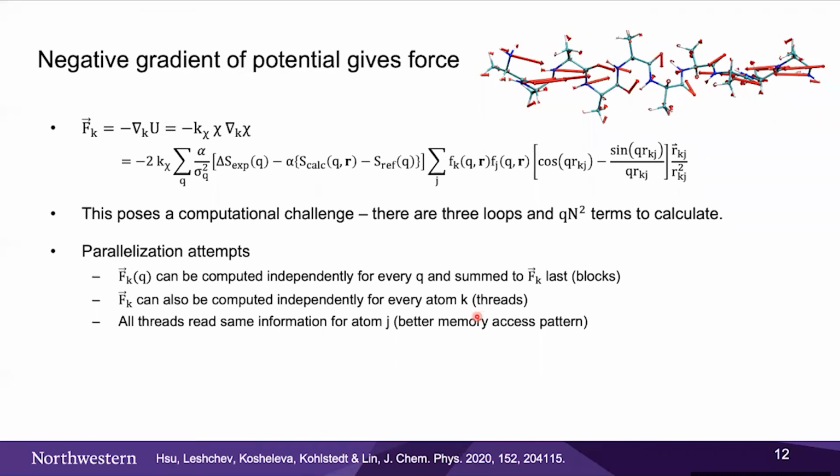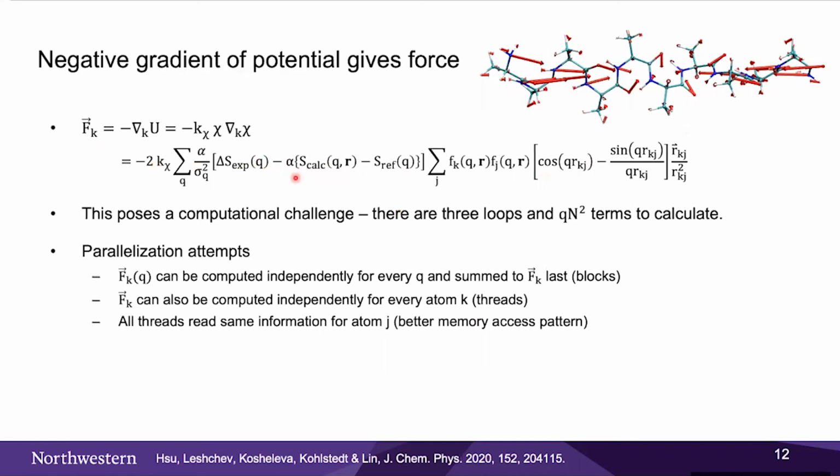Yes, in our case, this is the raw form of the force, but we actually do averaging, and what we're averaging is this calculated scattering intensity part, because what we noticed is that if you have a little change in the structure, you get wildly varying scattering patterns.